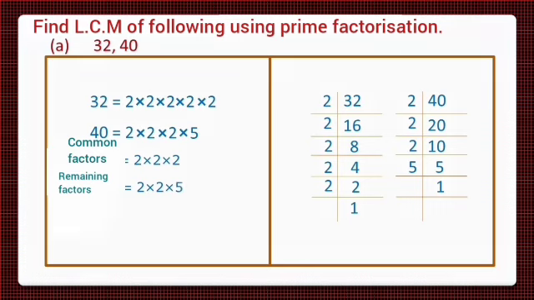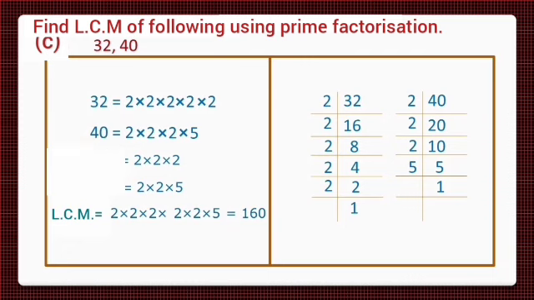So in this way, on multiplying the common factors and remaining factors, we will get the LCM, and that's the lowest common multiple of 32 and 40. So on multiplying 2 into 2 into 2 into 2 into 2 into 5, we will get 160 as the answer, which is the required LCM.